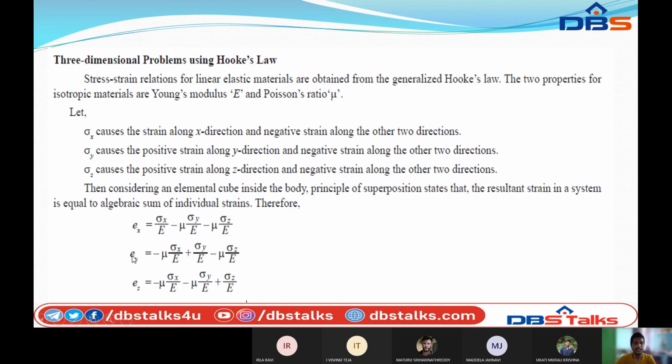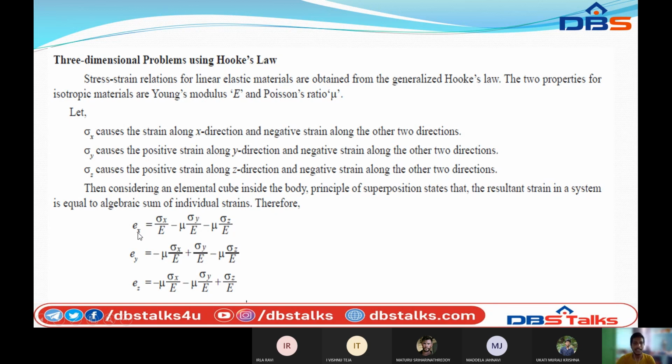Similarly, for strains in y direction, sigma y by E is positive, with two negative strains, and epsilon z. Similarly, in z direction also, one positive strain and two negative strains. This statement tells that sigma x causes strain along x direction and negative strain along the other two directions.